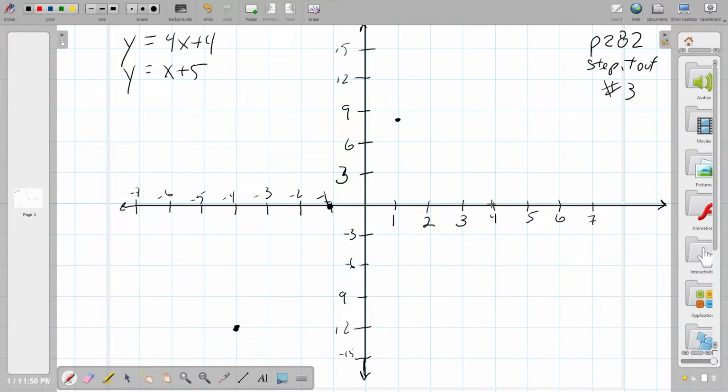And let's do one over here. 3 times 4 is 12, plus 4 is 16. So that would be right here at the tippy top. All right, so then we'll draw our line.